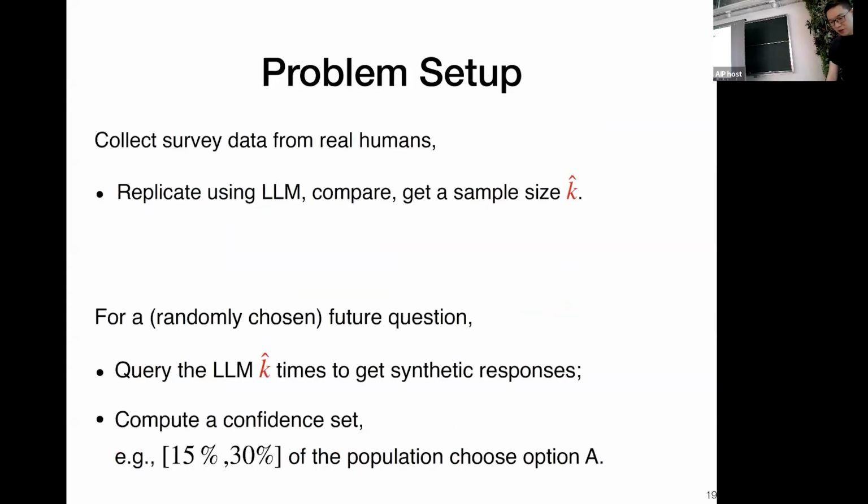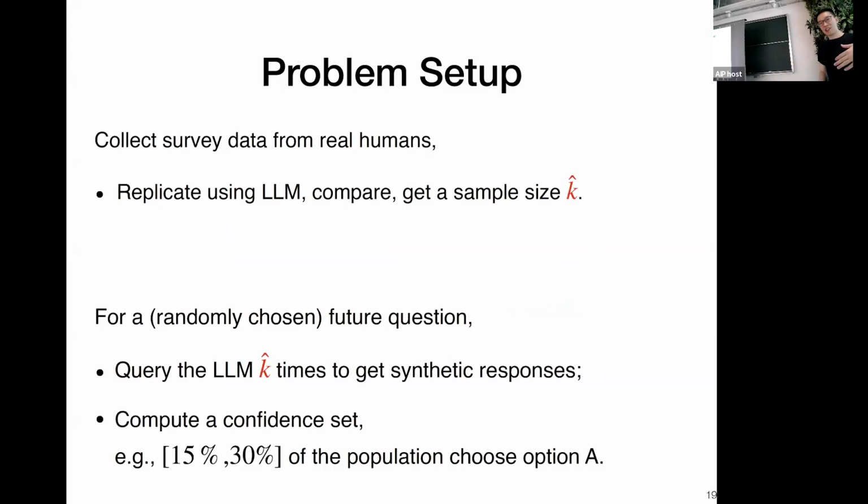Okay, to summarize, we want to select some sample size, and here's the key overview of our approach. We will first collect survey data from real humans, like the Pew Research Institute and some online platforms.